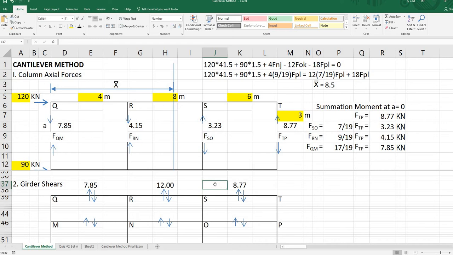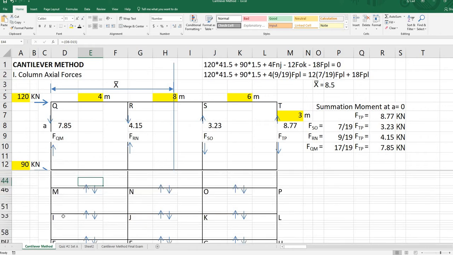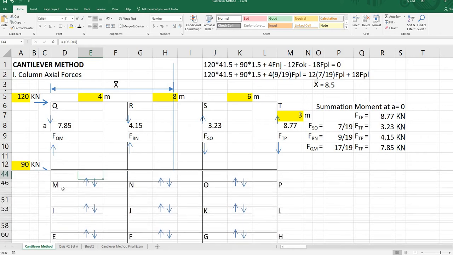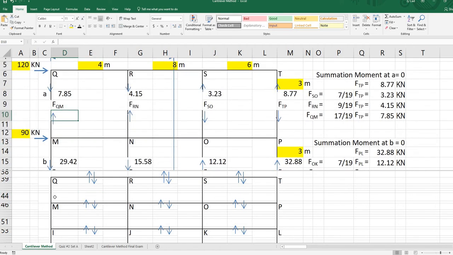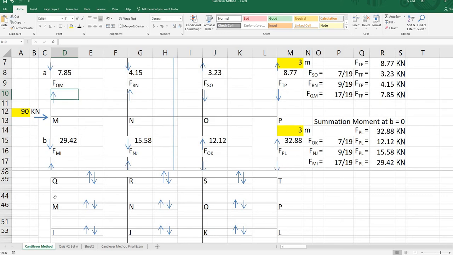Next, dito tayo ngayon sa level. This is the third level. First, second, third level. Same procedure, summation forces vertical at node M is equal to 0.